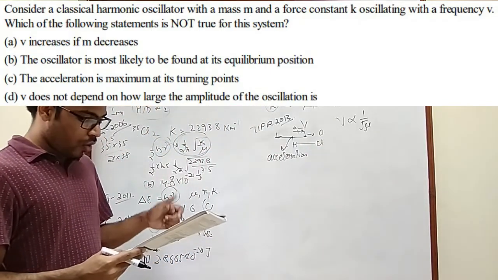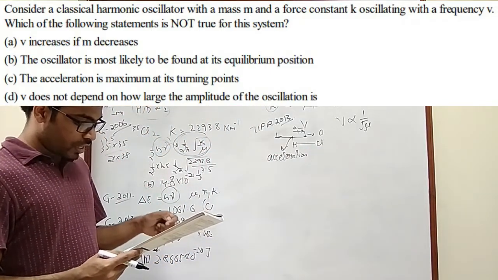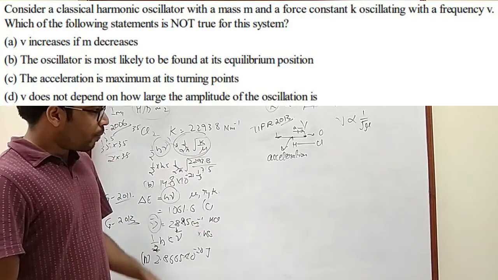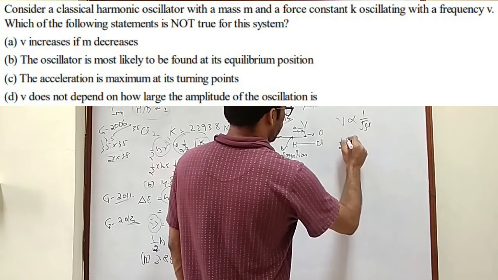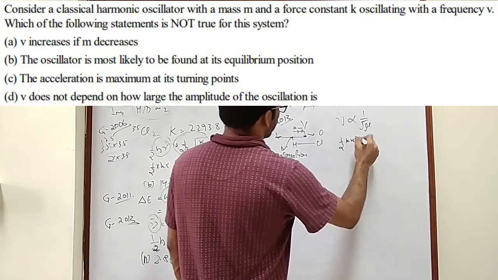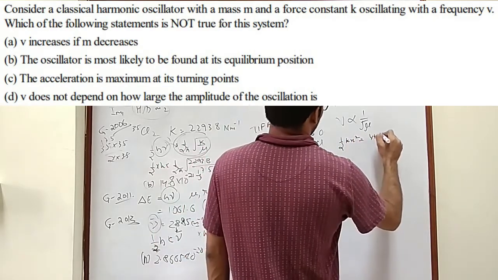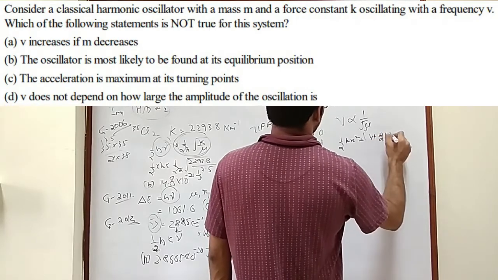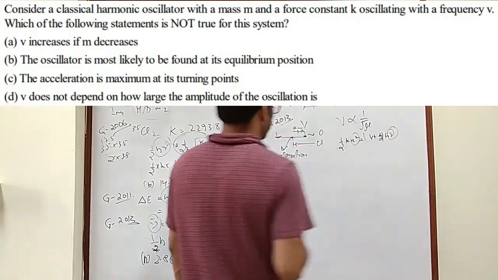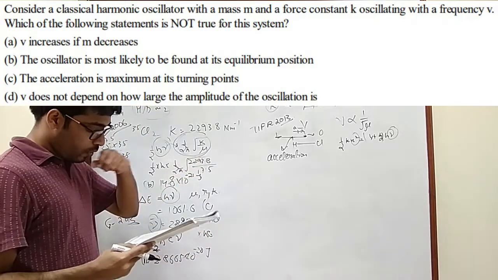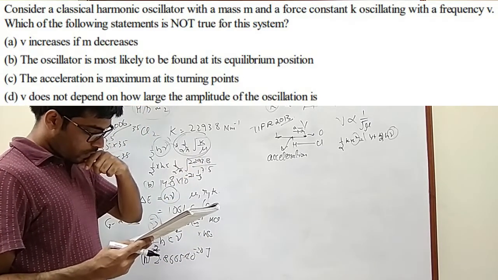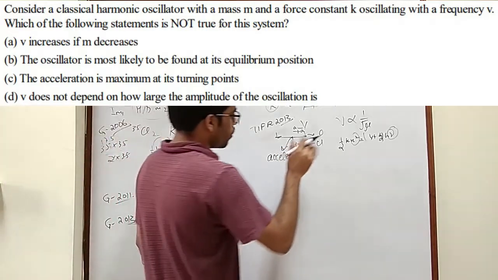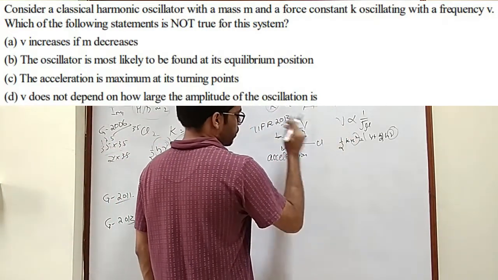Nu does not depend on how large the amplitude of the oscillation is. We know half kx square is equal to (v plus half) h nu. So it depends on the amplitude. Yes, acceleration is maximum, that's right.